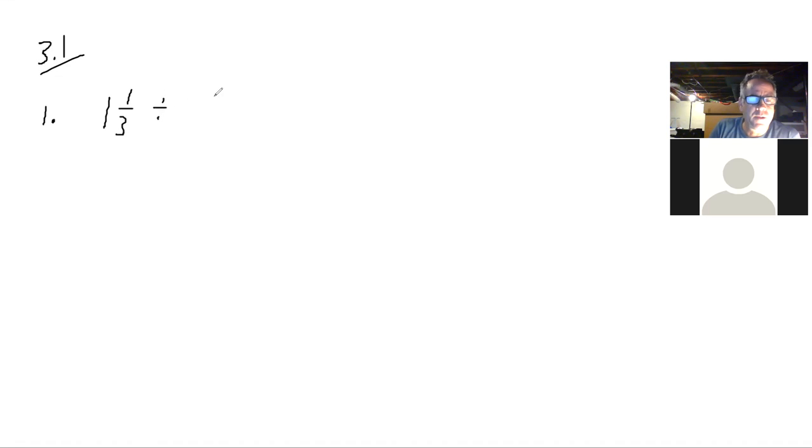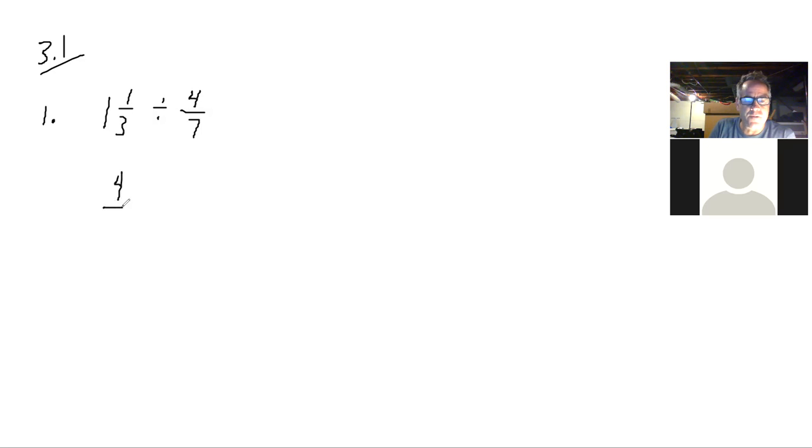First problem, 1 1/3 divided by 4/7. Now, recall that divide by means flip and then multiply. To get this multiplied, if we have a mixed fraction, as this one does, we're going to need to rewrite it as an improper fraction. The easiest way to put this in improper form is just 3 times 1 plus 1.